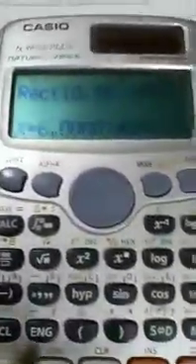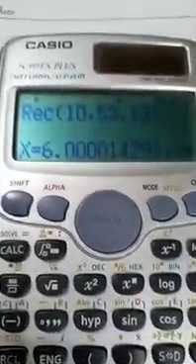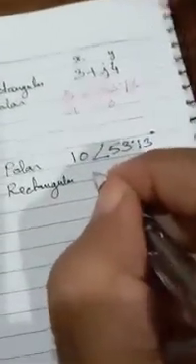So we get the answer. Now it is saying that x is 6.0001429, so we'll just write here 6. Then we'll see the other value.